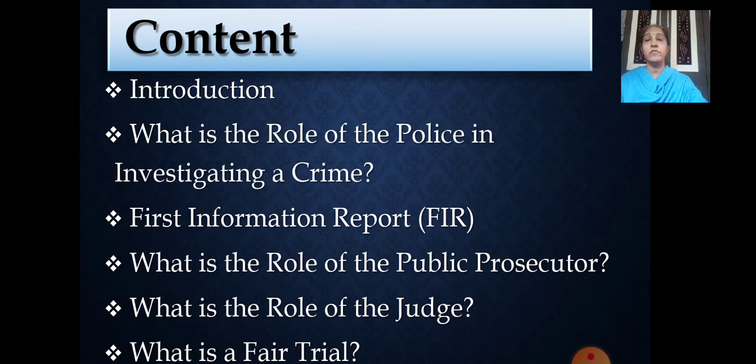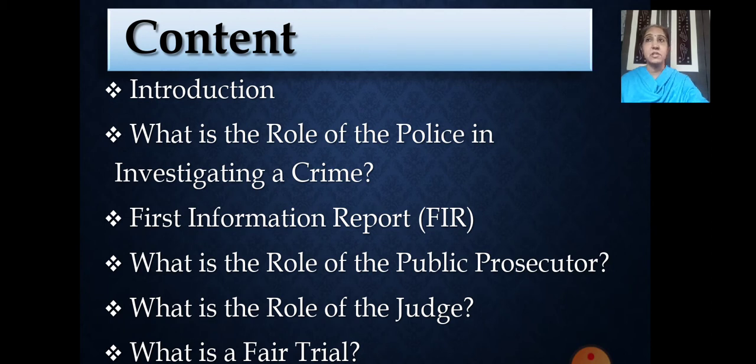Then we saw the role of the judge also. Even the judge plays a very important role, right? The judge is like an umpire we have seen in a game, right? The judge decides whether the accused person is guilty or innocent. On what basis? On the basis of the evidences and the witnesses that have been presented by the prosecution and the defense. So the judge has to hear everyone first, the public prosecutor as well as the defense lawyer.